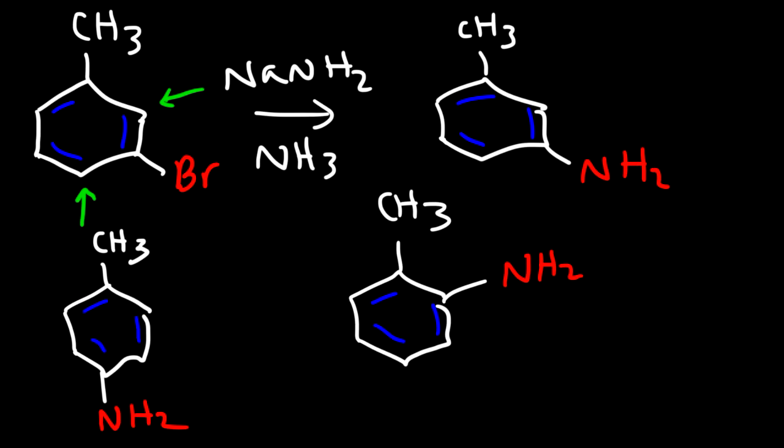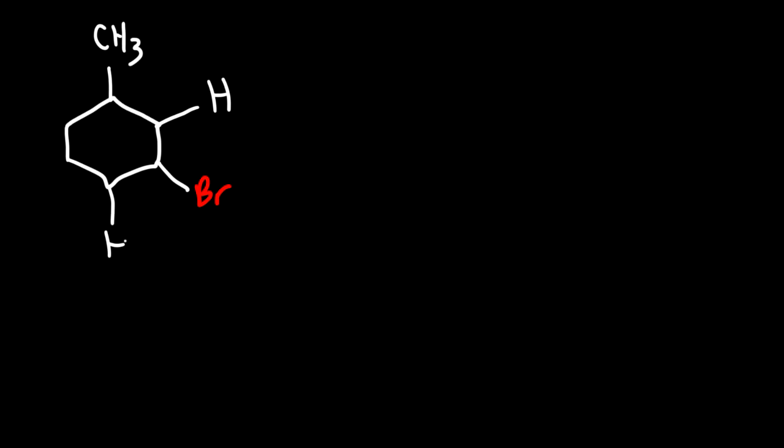Now let's talk about why we can get those three products. So first, let's draw the original reactant. So here is the methyl group, and here is the bromine atom. Now the base can remove any one of these two hydrogen atoms.